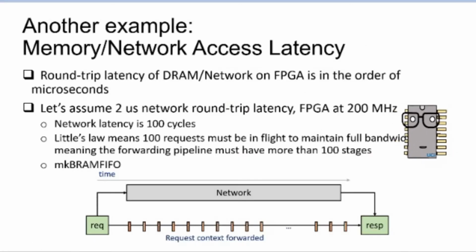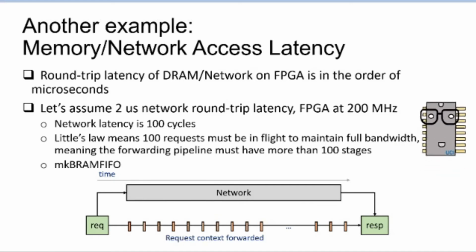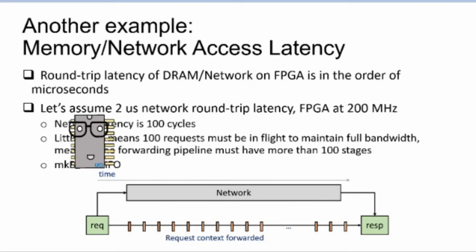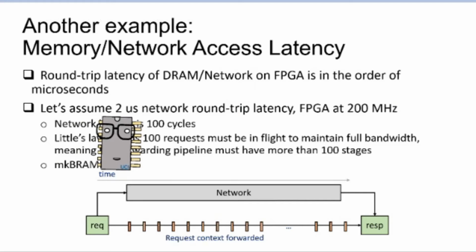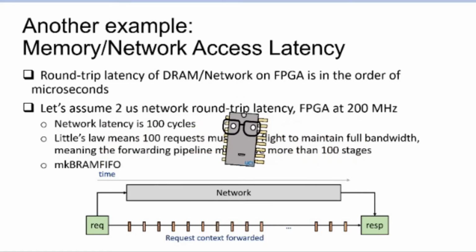Another example is memory and network access latency. I won't go into too much detail about this one, but the latency that we deal with in these situations is much larger than just having one floating point operator. Assuming a 2 microsecond network round trip latency, which is fairly low, the FPGA running at 200 megahertz sees a network latency of 100 cycles.